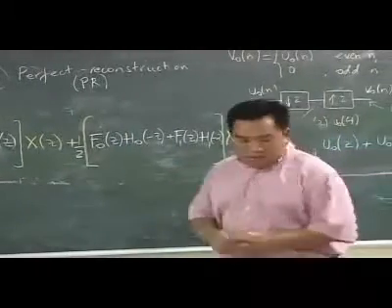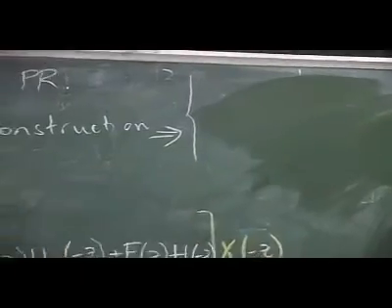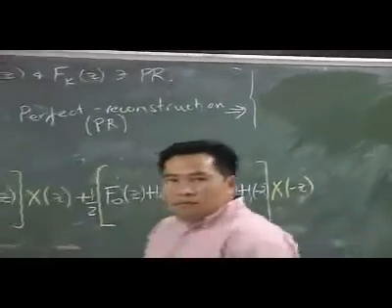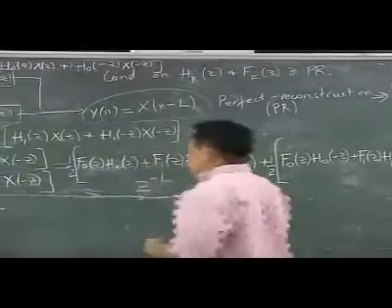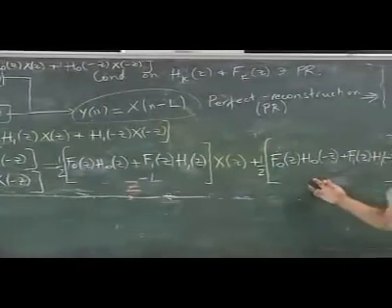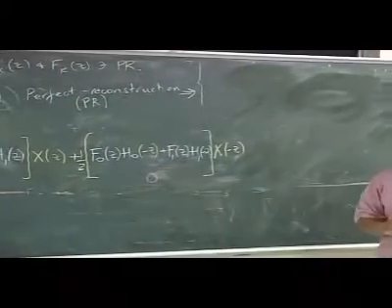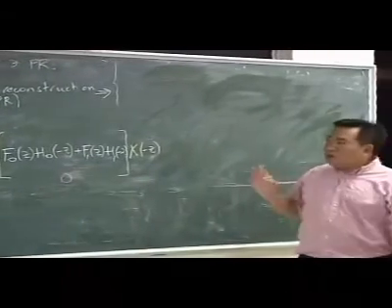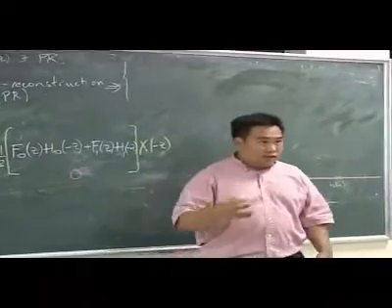What is that condition? For this to be Z to the minus L, this has to be 0. Right? And this condition is only on the filtering, which you have control over.